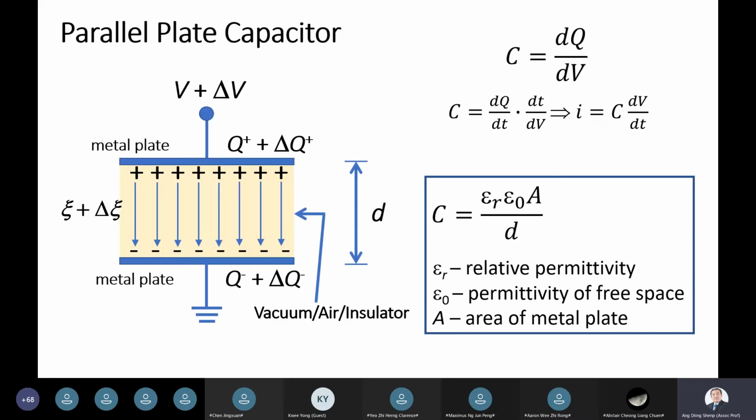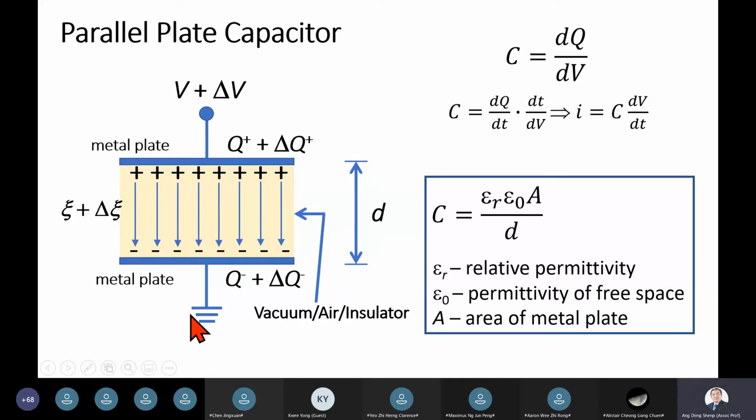A capacitor stores charge, and the amount of charge it stores can be changed by the voltage applied across the capacitor. Now, the simplest form of capacitor is the parallel plate capacitor, shown on the diagram on the left here. Essentially, a parallel plate capacitor has two plates separated by a certain distance d.